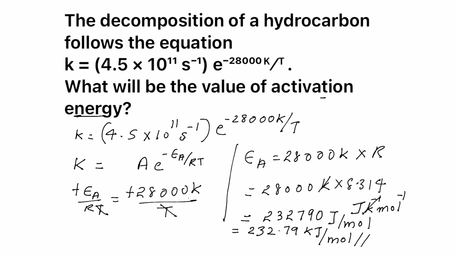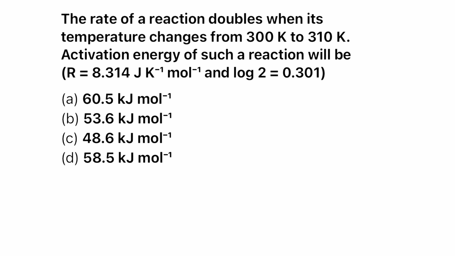Okay, that's it. The rate of a reaction doubles when its temperature changes from 300 Kelvin to 310 Kelvin. Activation energy of such a reaction will be, we have to find the activation energy. Okay, they have given the options. See, if you check this question, it is very clear that they have given two temperatures, right? And they mentioned that the rate of the reaction doubles.